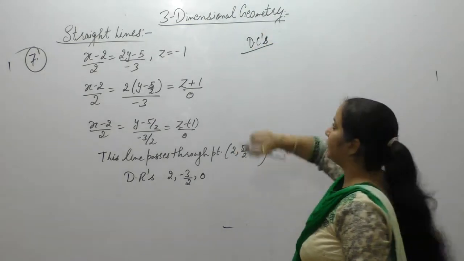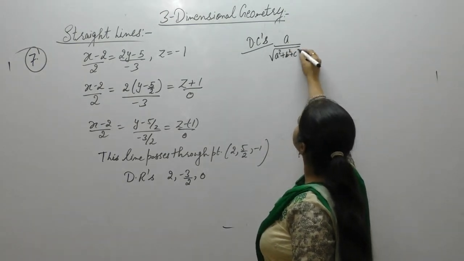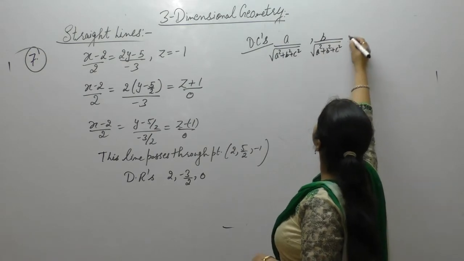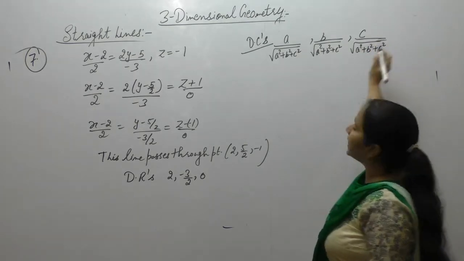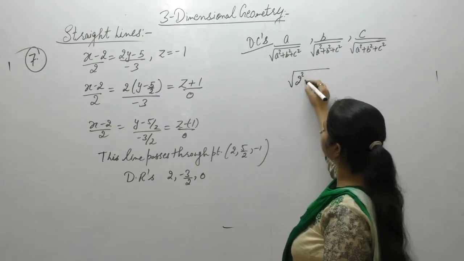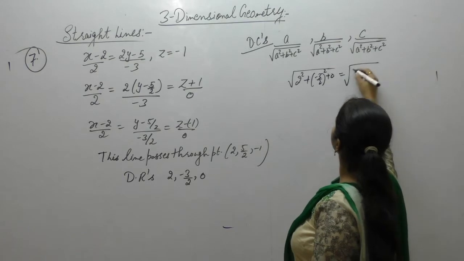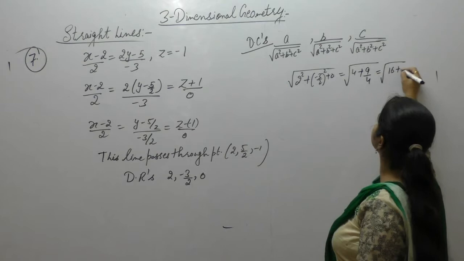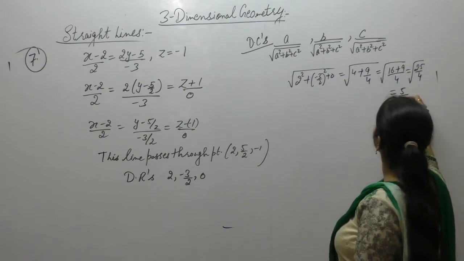Direction cosines are a upon square root of a square plus b square plus c square, b upon square root of a square plus b square plus c square, and c upon square root of this, where a, b, c are direction ratios. First find the square root of this term: 2 square plus minus 3 by 2 square plus 0. So 4 plus 9 by 4, 4 into 4 is 16, plus 9, square root of 25 by 4, that is 5 by 2.